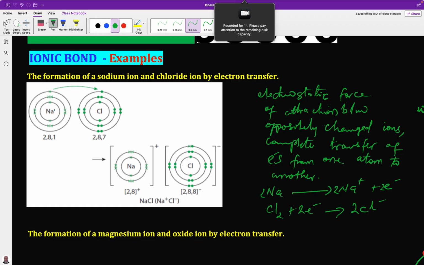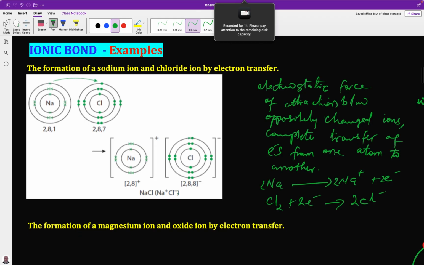Sodium ion loses one electron and achieves a complete outer shell, with the outermost electrons being 8. Chlorine, on the other hand, gains one electron and achieves a full outer shell of electrons, forming this compound.